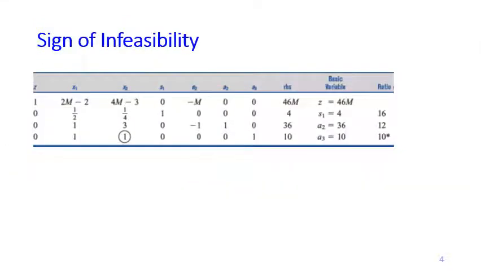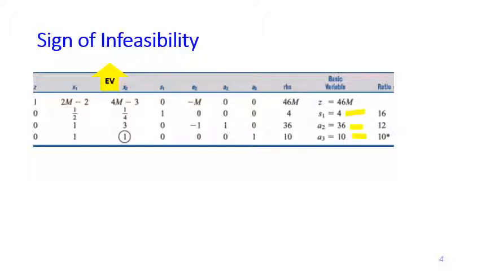So in the last table on the previous slide, we have already got a BFS because each row has got a basic variable. And then you can see it's in a canonical form. So this is already a BFS. Okay, so let's proceed as usual. This problem is a minimization problem. So we pick the variable in row 0 whose coefficient is the most positive.